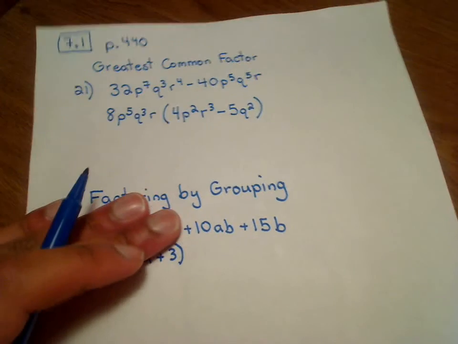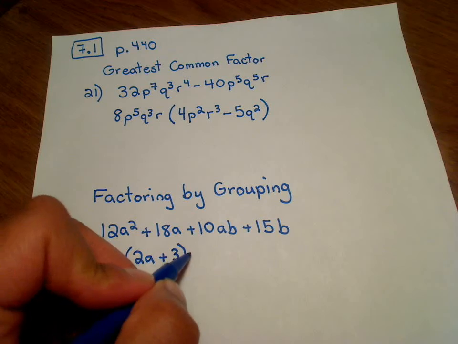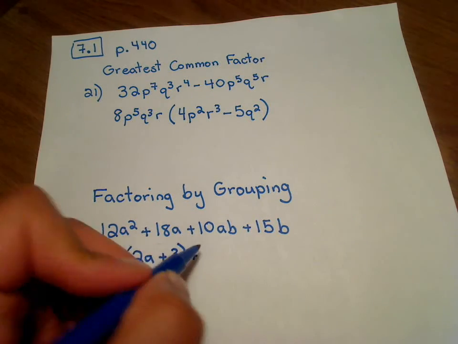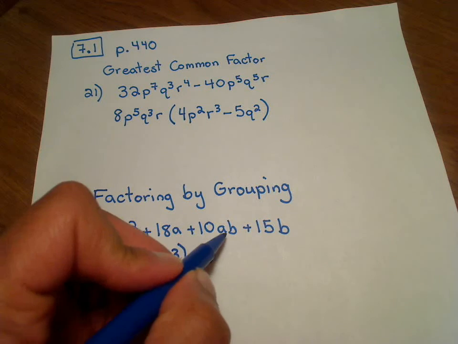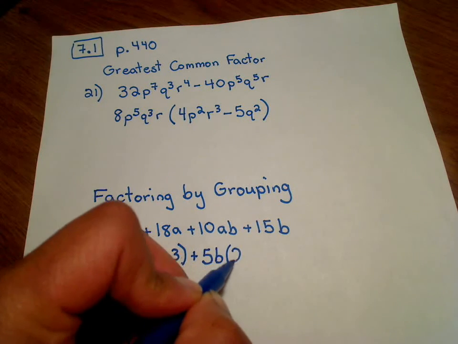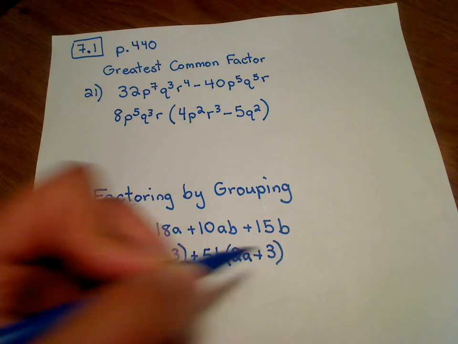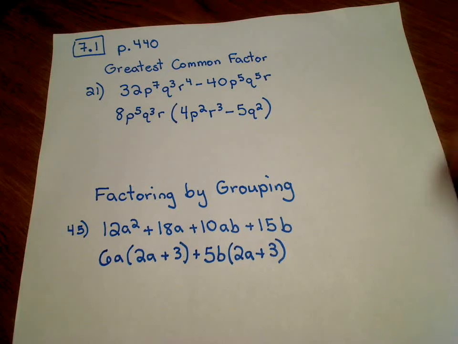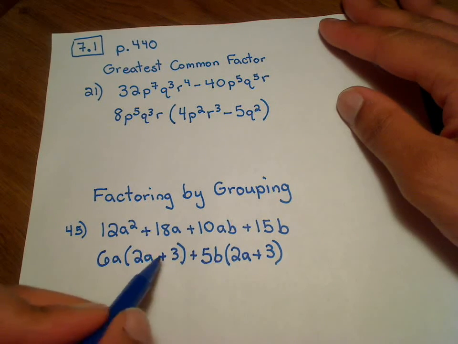Then I'm going to do the same thing over here, and figure out what I can factor out of that. And I know that I can factor out a 5 as well as a b. By doing that, I'm left with 2a plus 3. Now notice how these two are the same.